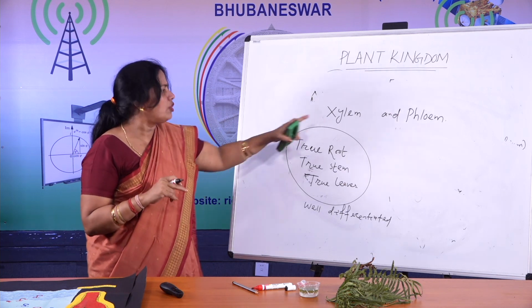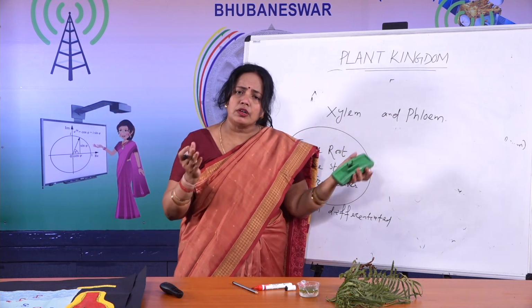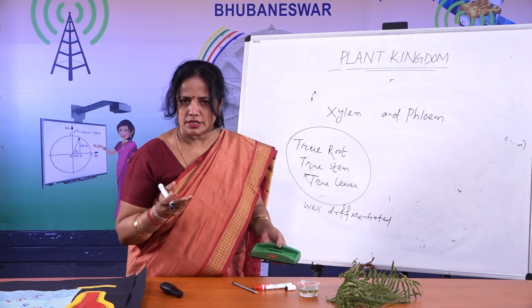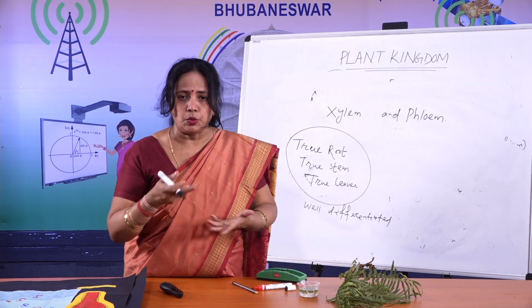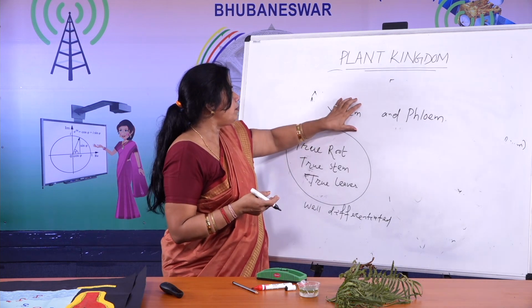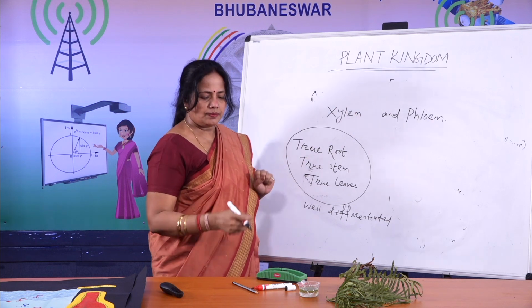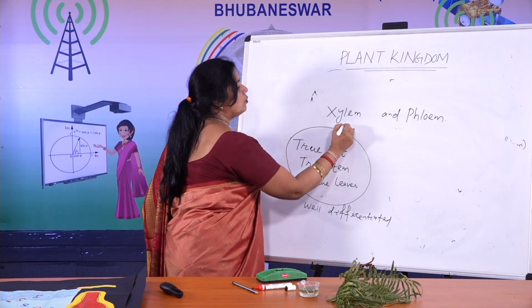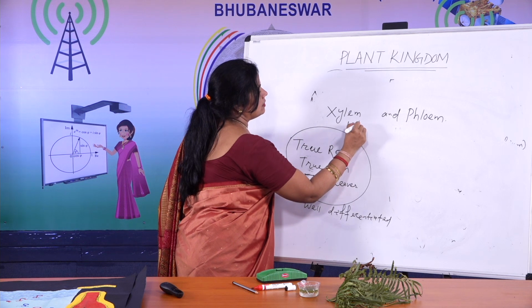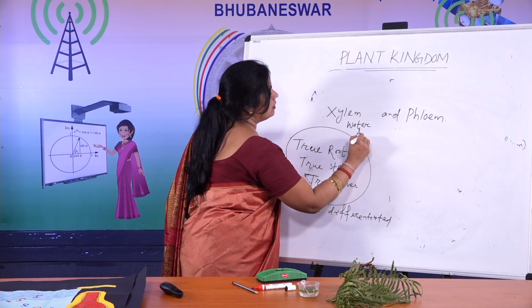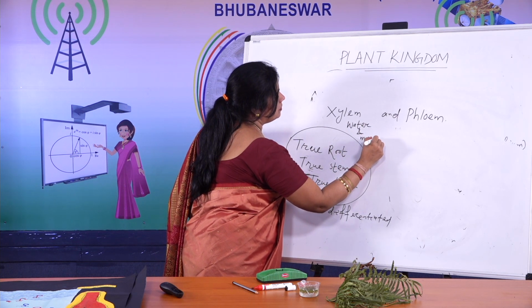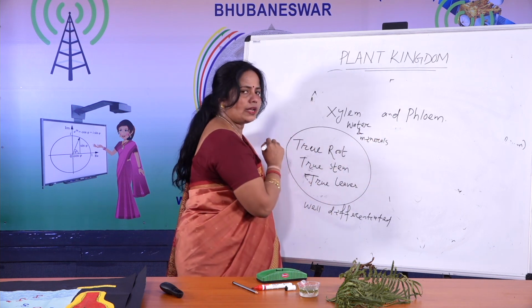Now, what is the function of xylem and phloem? Why are they called conducting tissues? What do they conduct or transport? So, xylem is associated with conduction of water and minerals, right?